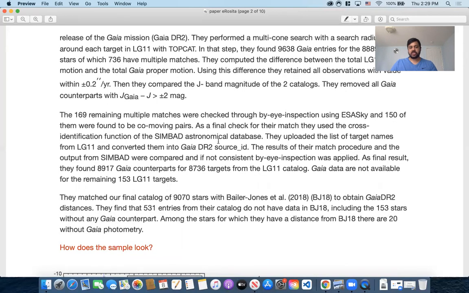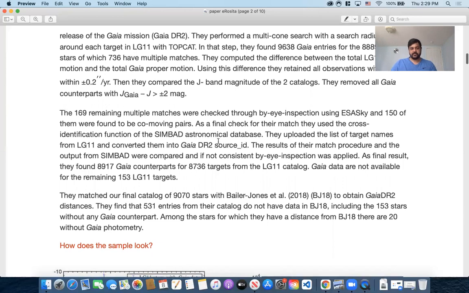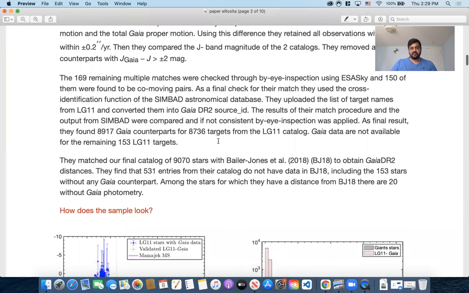Finally, they cross-checked the values in the LG11 catalog with the SIMBAD astronomical database, and wherever there was a conflict, they did a manual inspection. Finally, there were 8,917 Gaia counterparts for 8,736 targets from the LG11 catalog.